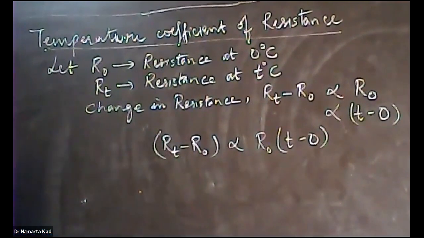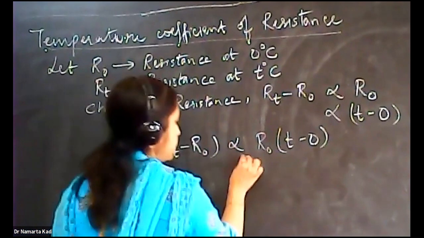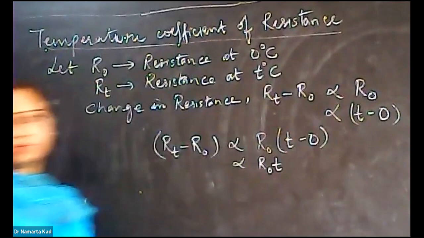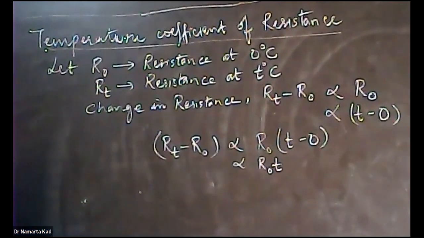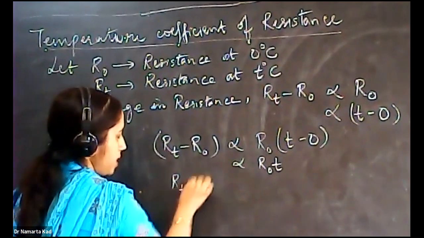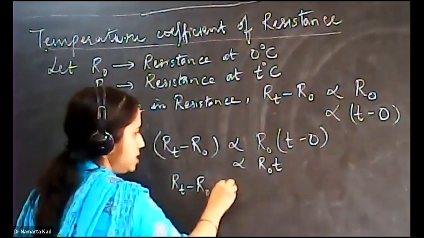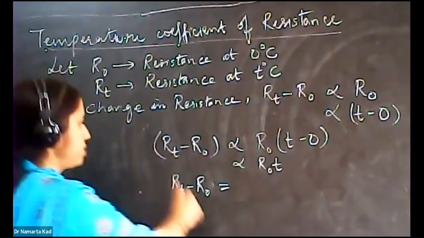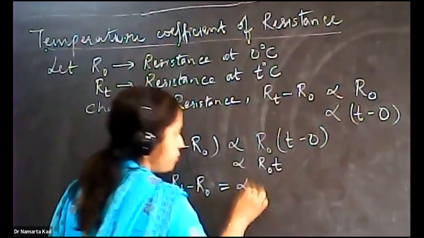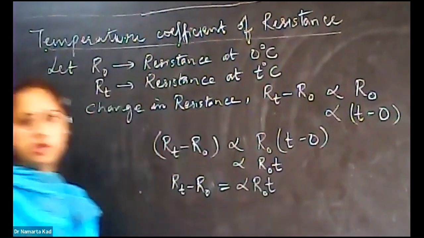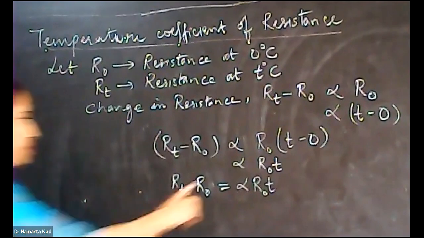Or you can also write it as, it is directly proportional to R naught into T. And after removing the proportionality sign, it comes out to be RT minus R naught is equal to alpha R naught into T. Now, what is this alpha?